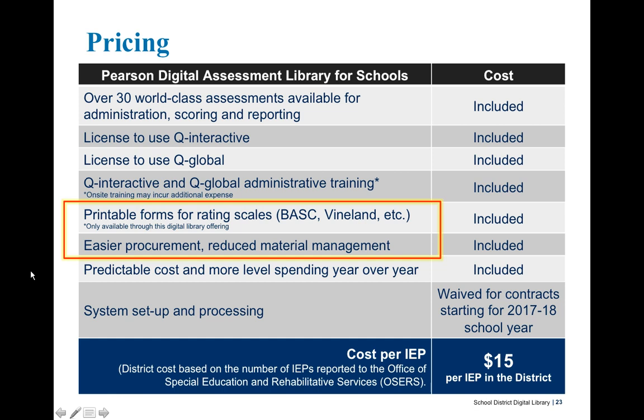And of course, the predictable cost and a more level spending on a year-over-year basis. So again, the only thing that would be a variable in here is the number of IEPs that are reported, either to the state or up to even potentially the Office of Special Education and Rehabilitative Services. And this is at a cost of $15 per IEP in the district.